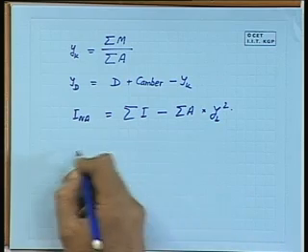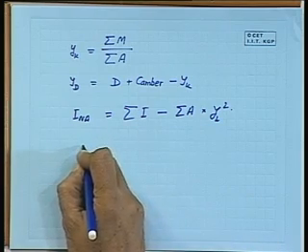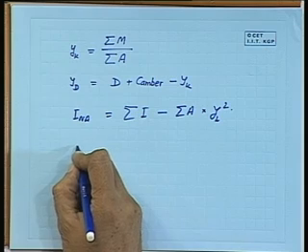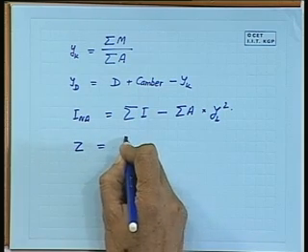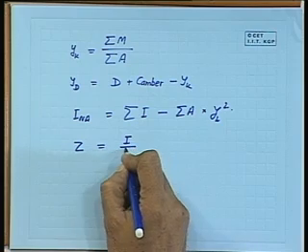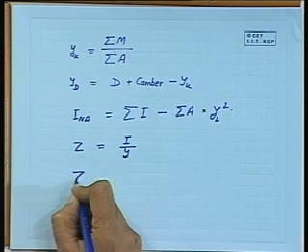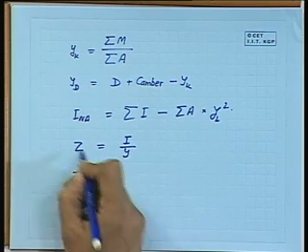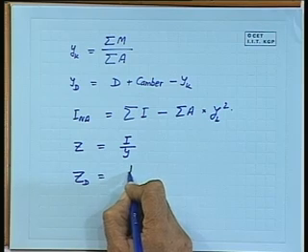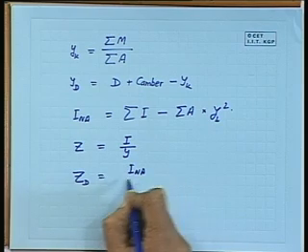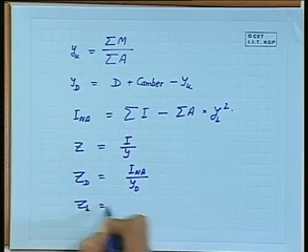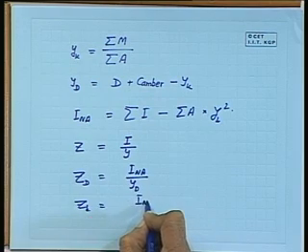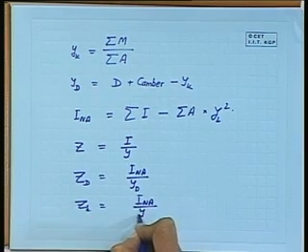Now after getting this INA, I try to find out what is the section modulus minimum for the deck. The notation for section modulus is Z, and Z is nothing but I by y. So, Z for the deck will be INA by y deck and Z for the keel will be INA by y keel.